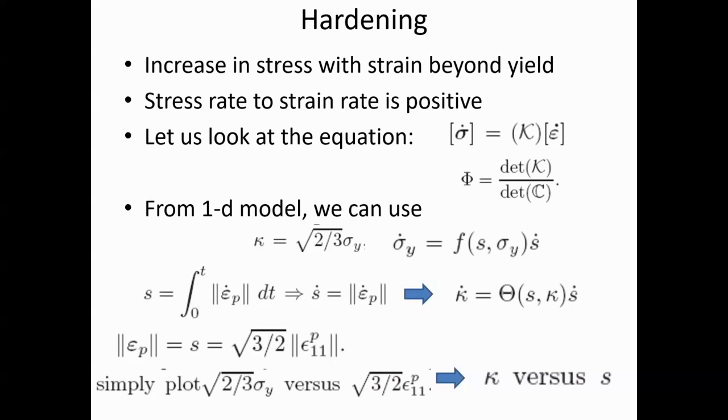Sir, is it necessary that how the kappa varies means according to that only sigma y will vary? Yes, this sigma y is nothing but uniaxial tension yield. When I conduct an experiment in the uniaxial state, it will peak at sigma y.